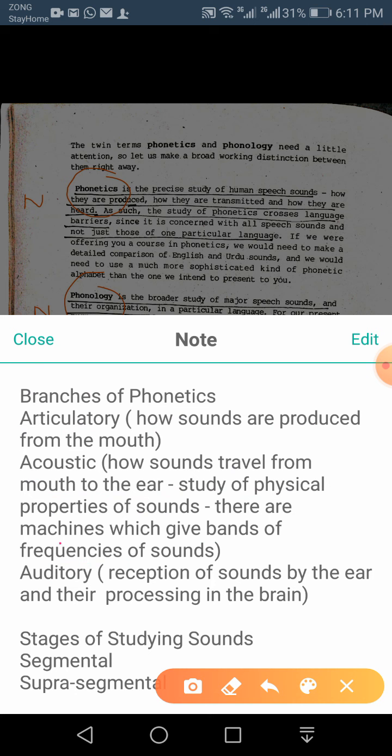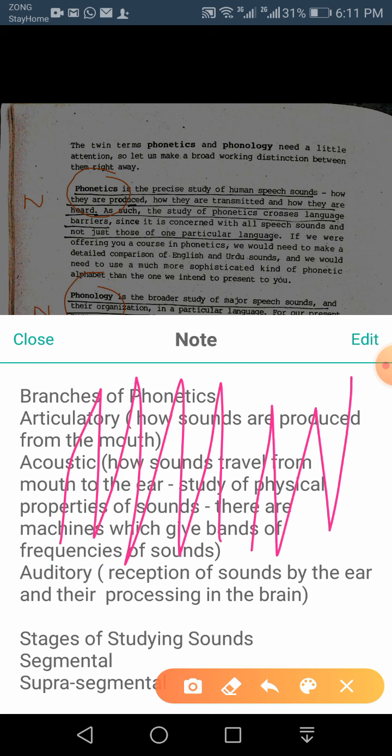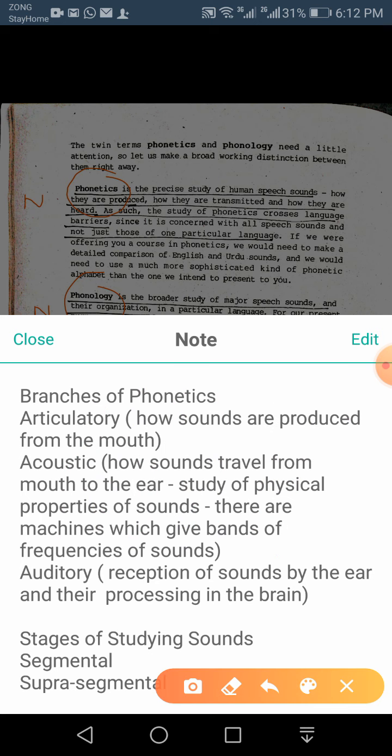We can have prints of sounds which will tell us voicing features, and the length of long vowels, short vowels, etc. And the third one is auditory phonetics. It deals with reception of sounds by the ear and their processing in the brain.